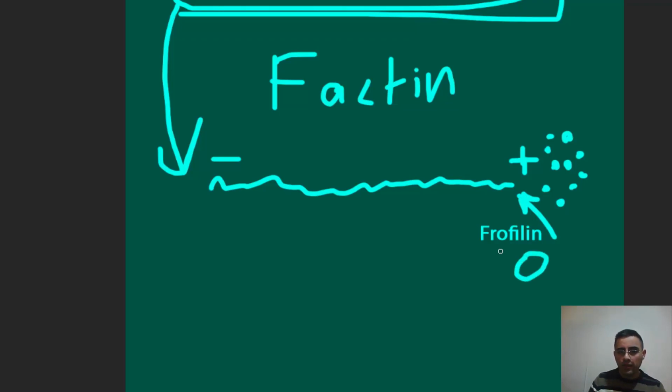Protein profilin assembles this side. If we imagine that profilin constantly adds these monomers here, this chain must be longer and longer constantly.